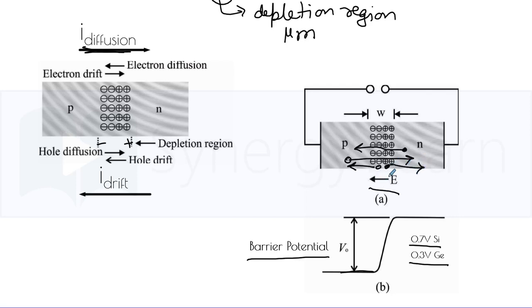So the drift is opposite to the diffusion, hence a drift current is set in reverse direction. So in PN junction we have the two currents, one is diffusion and other is drift.